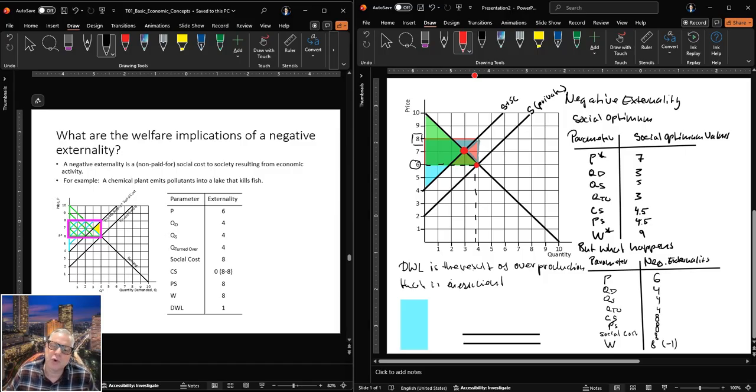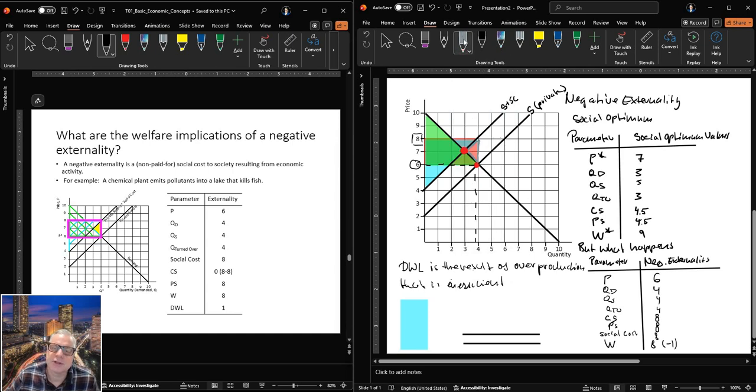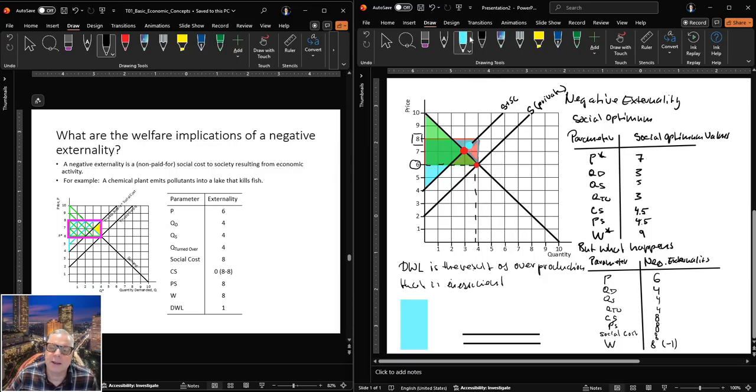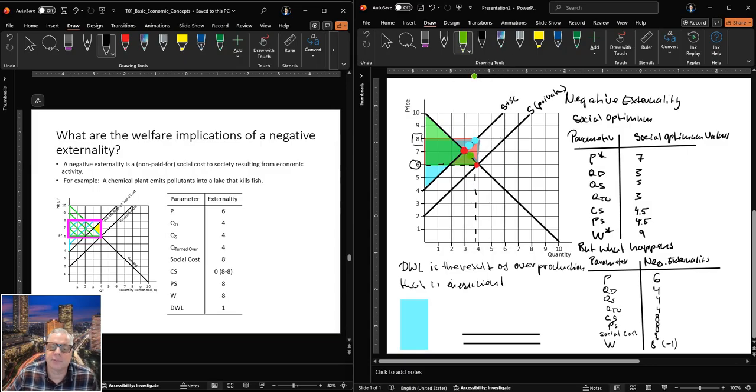But because the true costs are this one, we basically have producers that are here, and they serve inefficiently producers whose willingness to pay is actually much less. If they knew that the true social cost originates from the chemical plant, which producers probably don't know where it comes from.